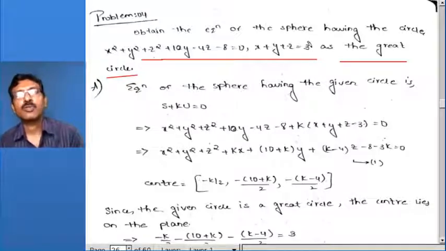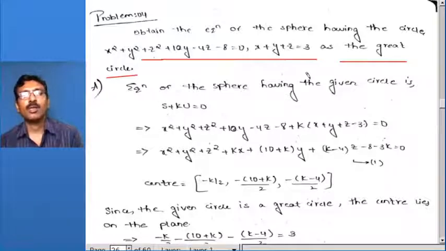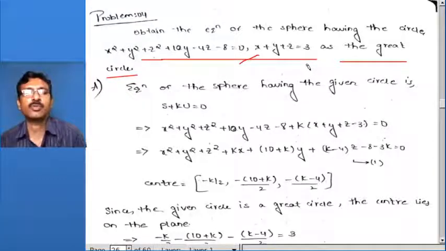That's why we say it is a great circle. Here one clue is given to find k, that the circle is a great circle. That is the clue we are going to use to find the value of k.